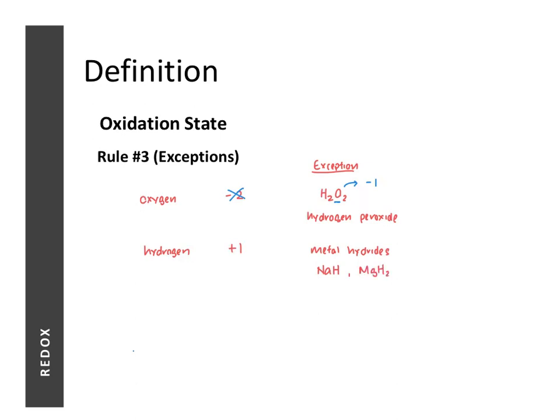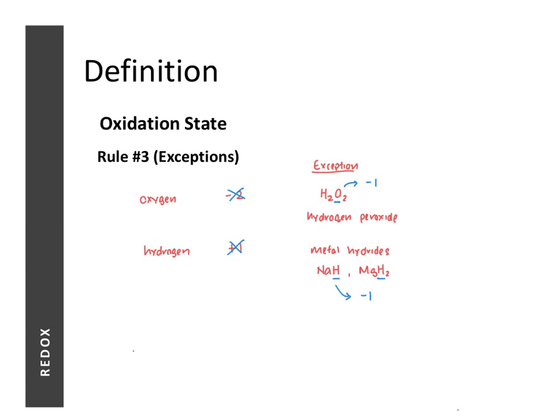In these two compounds, we can see that a metal has combined with hydrogen. So in metal hydrides, you have to take note that the hydrogen atoms no longer have an oxidation state of +1, but in metal hydrides, the oxidation state of hydrogen is -1.